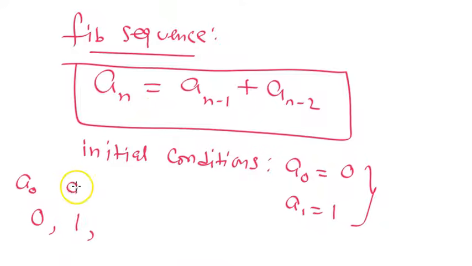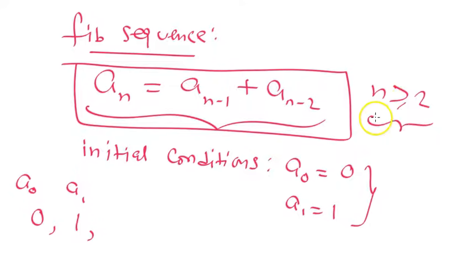This is your A0, this is A1, and this recursion starts from n greater than or equal to 2. So what will be A2? A2 will be A2 minus 1, that is A1, plus A2 minus 2, that is A0.